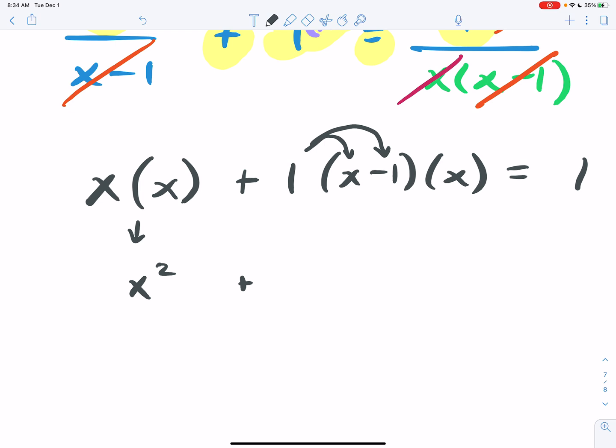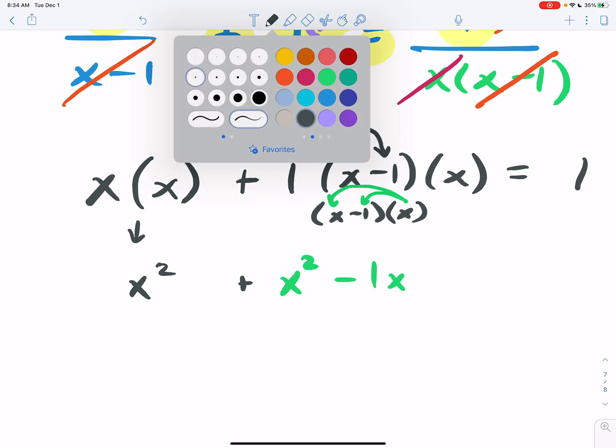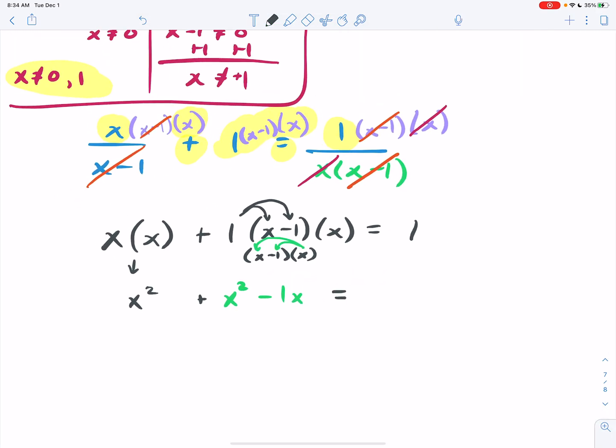So here I have x minus 1 times x. You're going to have to distribute one more time here. So x times x is x squared, and x times negative 1 is negative 1x equals 1.